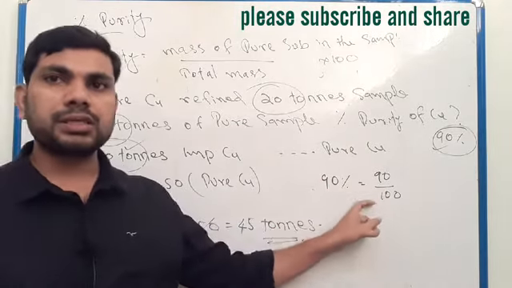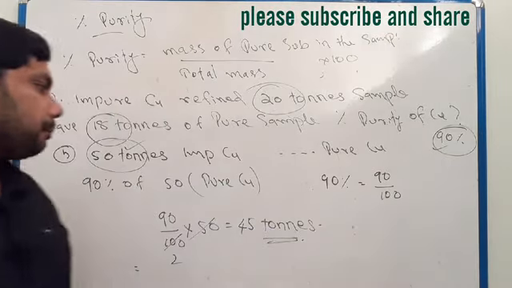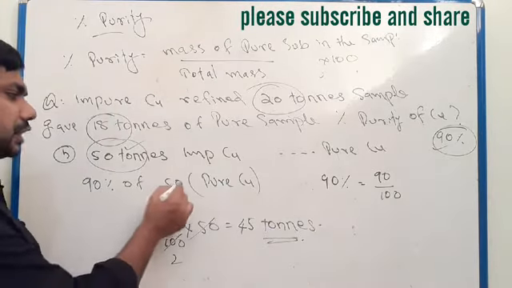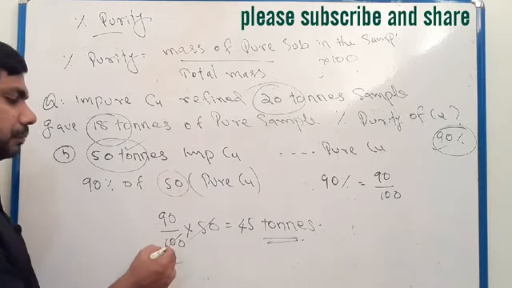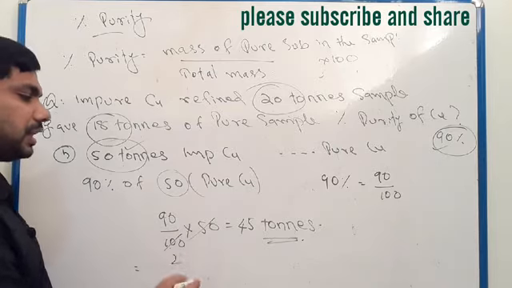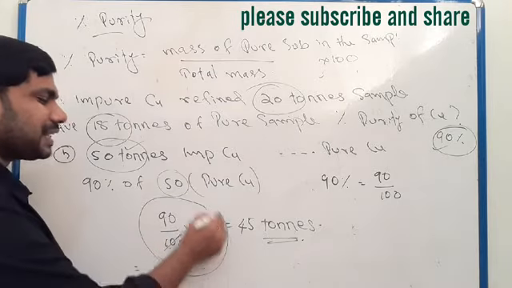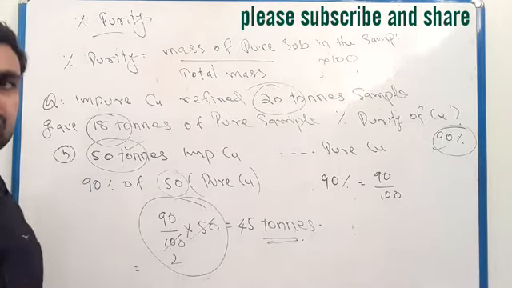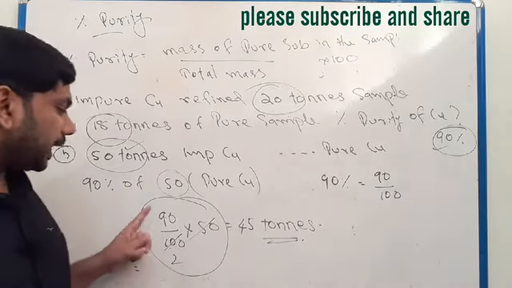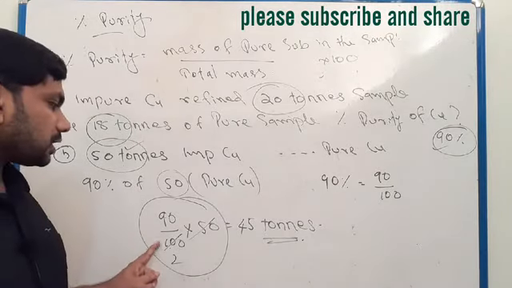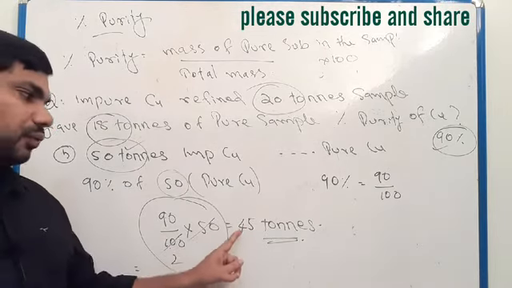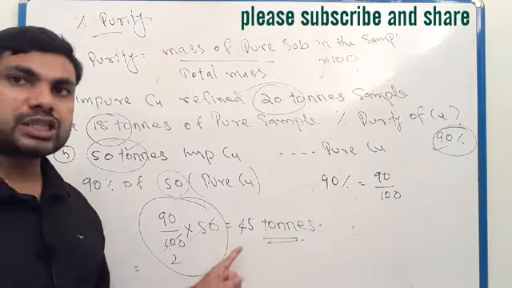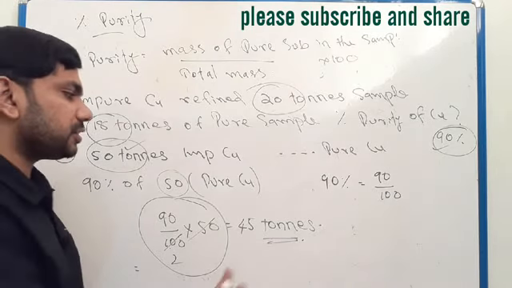So here 90 percentage of 50 means 90 divided by 100 times 50. When you solve this, you will get 45 ton.